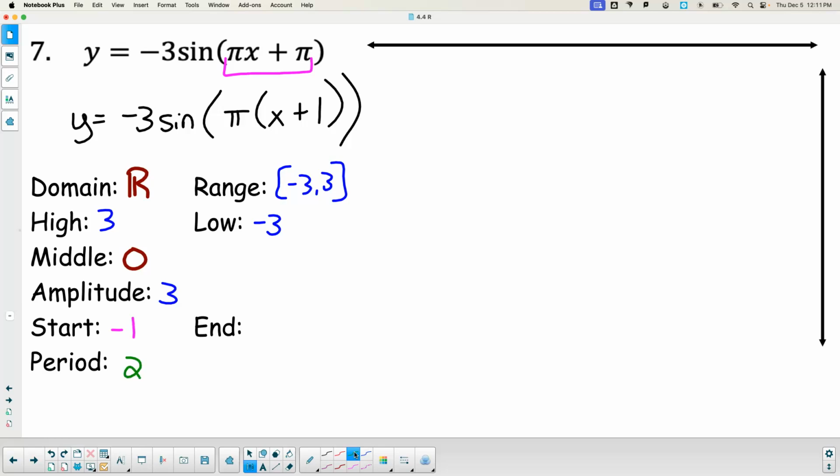How do we find period again? 2 pi divided by our b value, so 2 pi divided by pi is 2. If we start at -1 and our period is 2, where do we end? At +1.